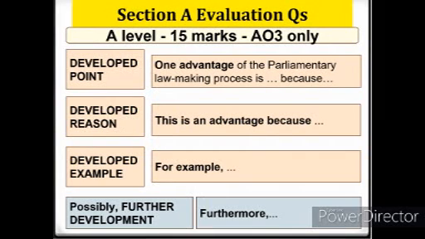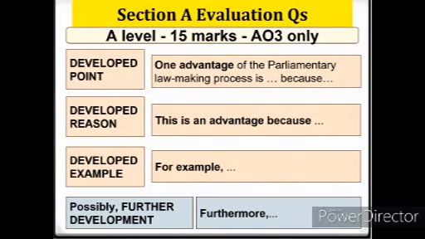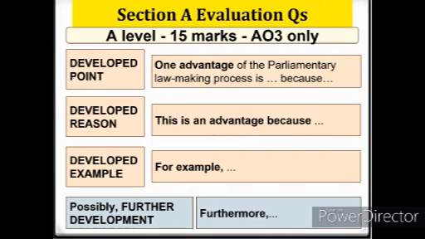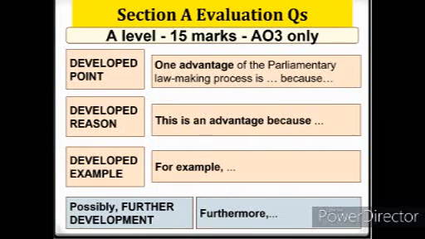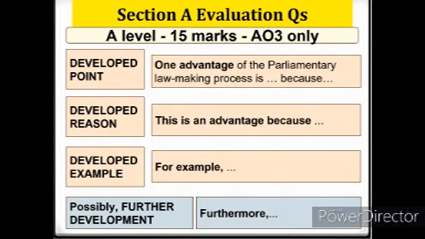Now, even though you're marked only on assessment objective 3, so evaluation, obviously your evaluation points will often mention specific details about the law. Okay, your next sentence is going to be a developed reason. So you're going to build on that developed point that you made in your first sentence. This is an advantage or a disadvantage because.